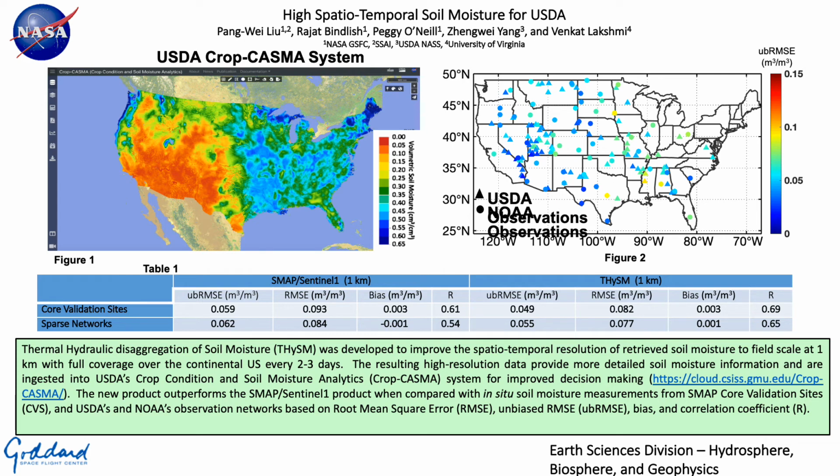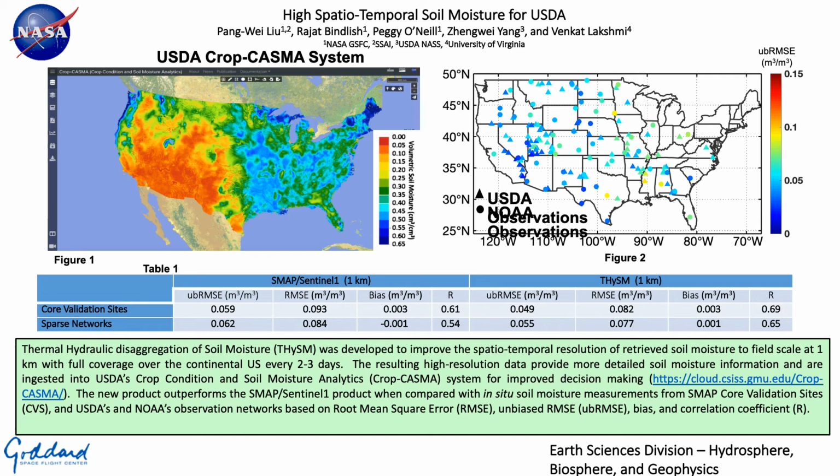Here's an example of a value-added product that is applying a spatial disaggregation algorithm. Here, the thermal hydraulic disaggregation of soil moisture, or THySM approach, was used to provide 1 kilometer spatial resolution observations. And what's neat about this is that it's provided in an interface that also provides agrometeorological conditions.